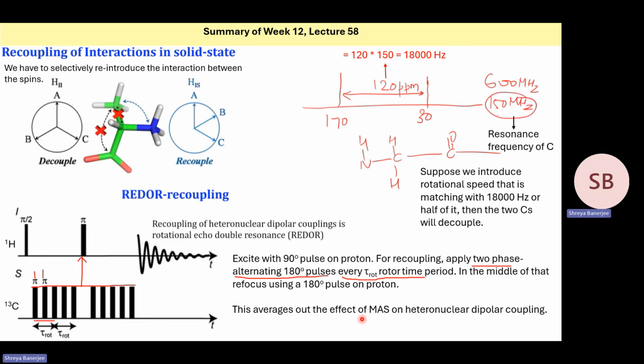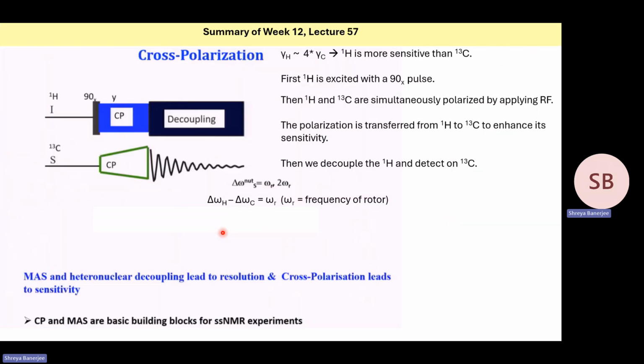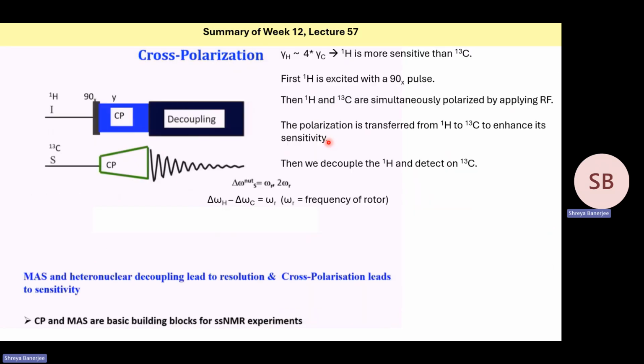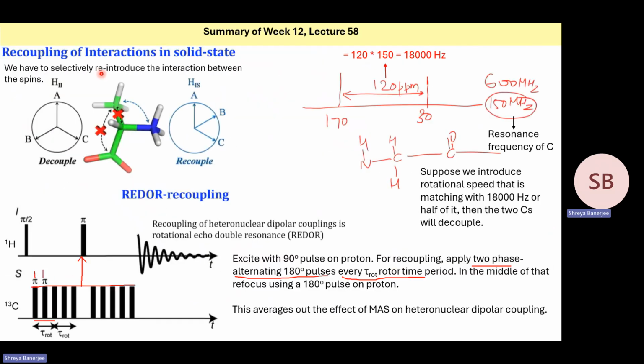So what magic angle spinning was doing is that it was reducing the heteronuclear dipolar coupling. After magic angle spinning and RF decoupling, the heteronuclear dipolar coupling was completely disappearing. What this pulse sequence does is that it reintroduces back the heteronuclear dipolar coupling by averaging out the effect of magic angle spinning.